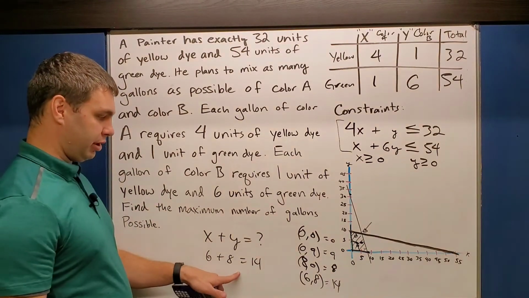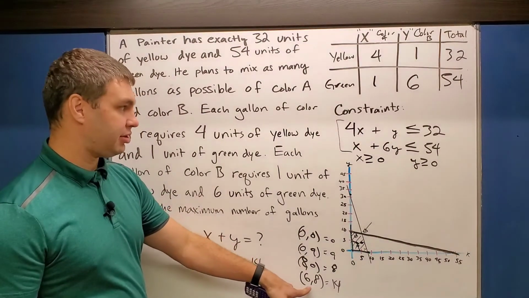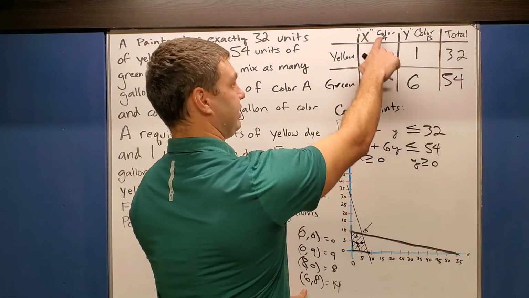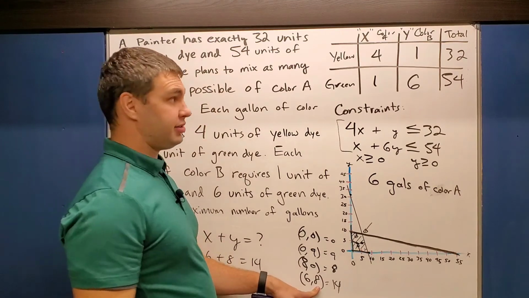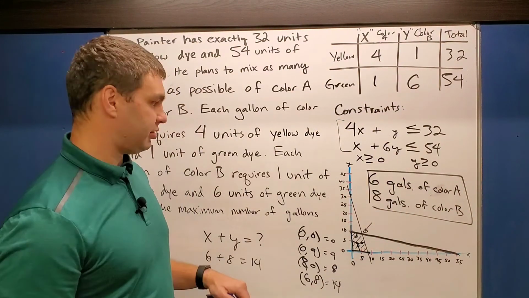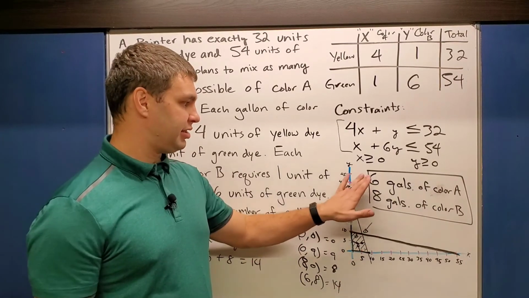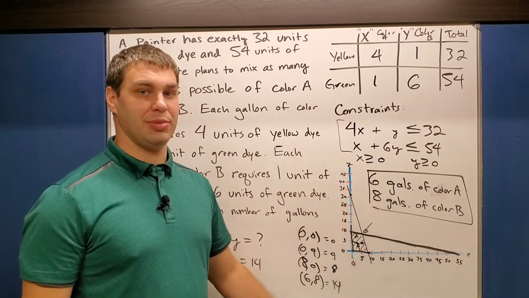And so therefore, we can optimize this by saying 6, 8, or in our case, 6 gallons of color A and 8 gallons of color B. Okay, so the answer to this linear programming problem is 6 gallons of color A, 8 gallons of color B to create the most gallons possible.